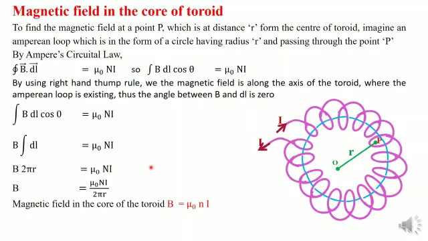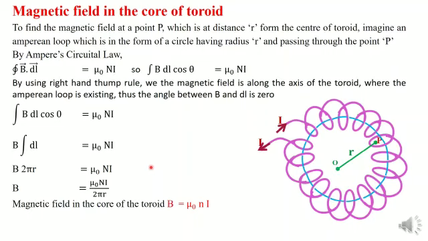So the expression becomes B into 2 pi r equals mu 0 N I, or B equals mu 0 N I divided by 2 pi r.